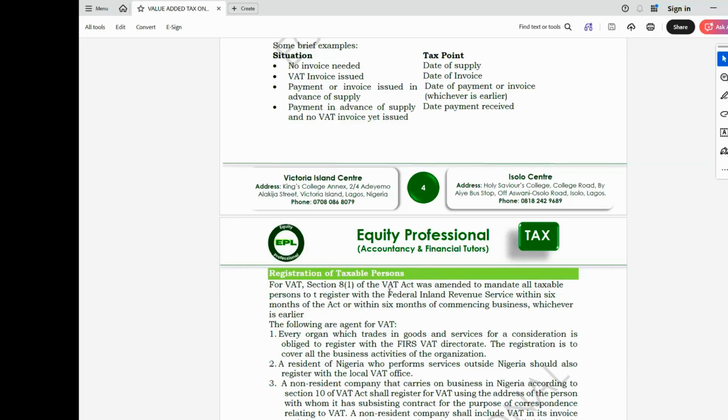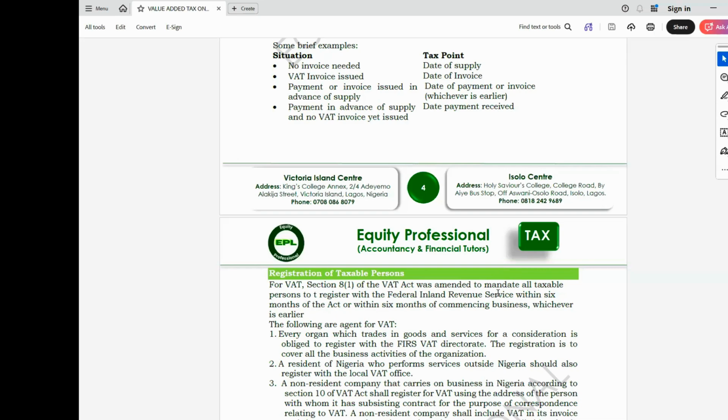Section 8 of the Value Added Tax Act mandates all taxable or vatable persons to register with the Federal Inland Revenue Service within 6 months of the act or within 6 months of commencement of business, whichever is earlier.